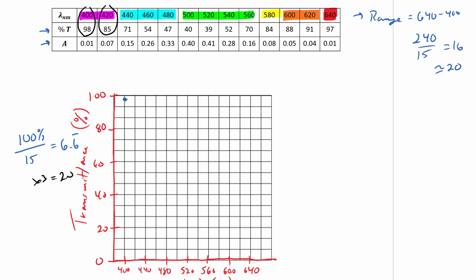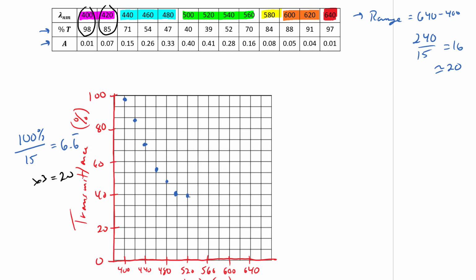We have 420 and 85, right about there. 440 and 71. 460 and 54. 480 and 47. 500 and 40. 520 and 39. So it was dropping down.